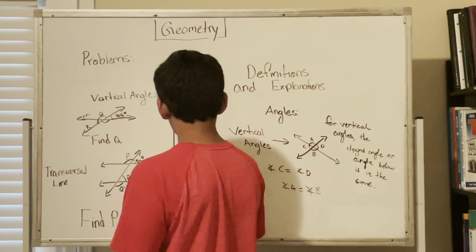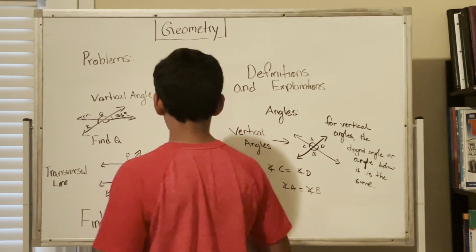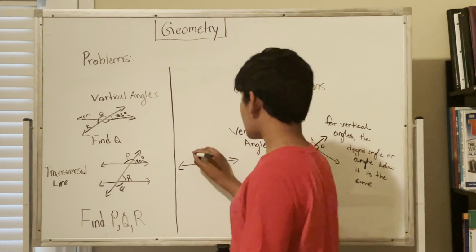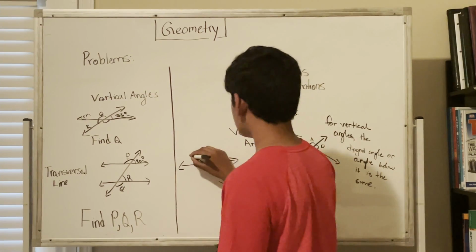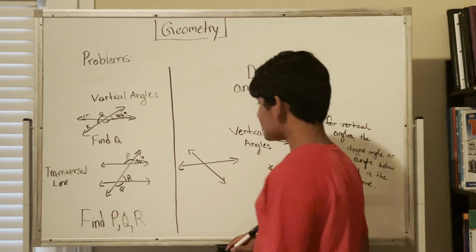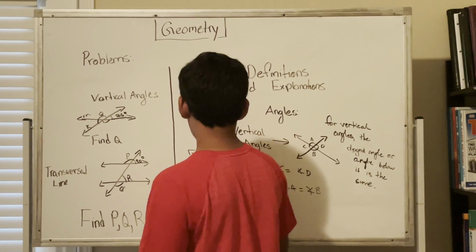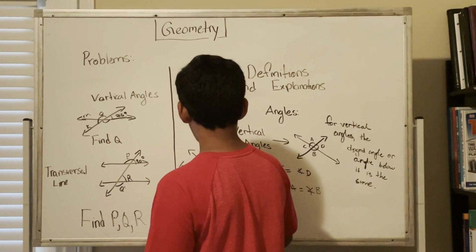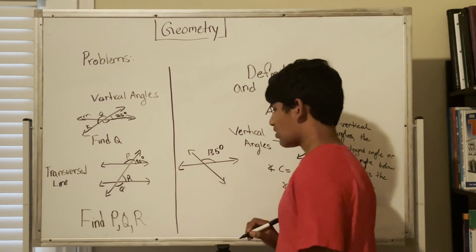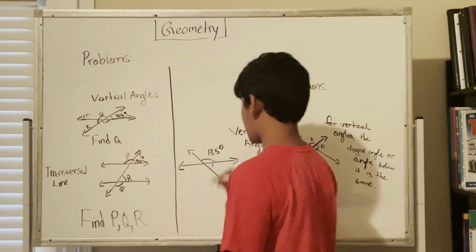For example, let's say that we have a line like this. Now let's say we intersect the line over here, and we state that this angle is 135 degrees. Let's find this angle.